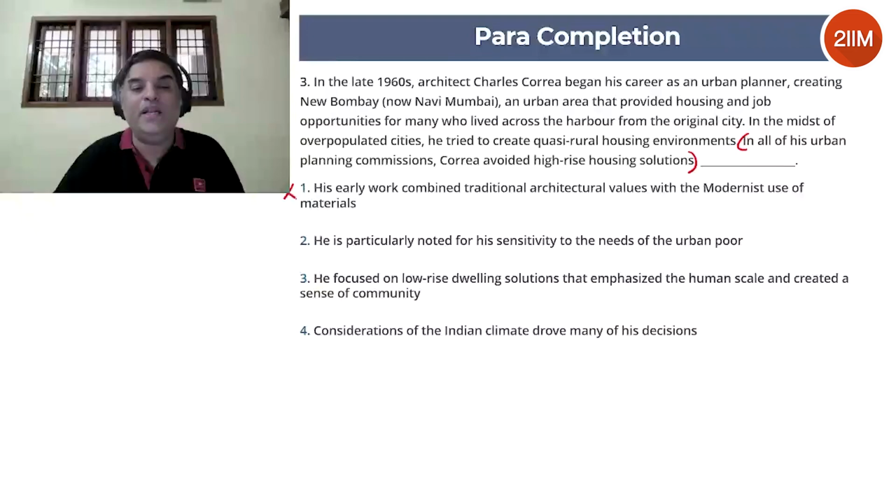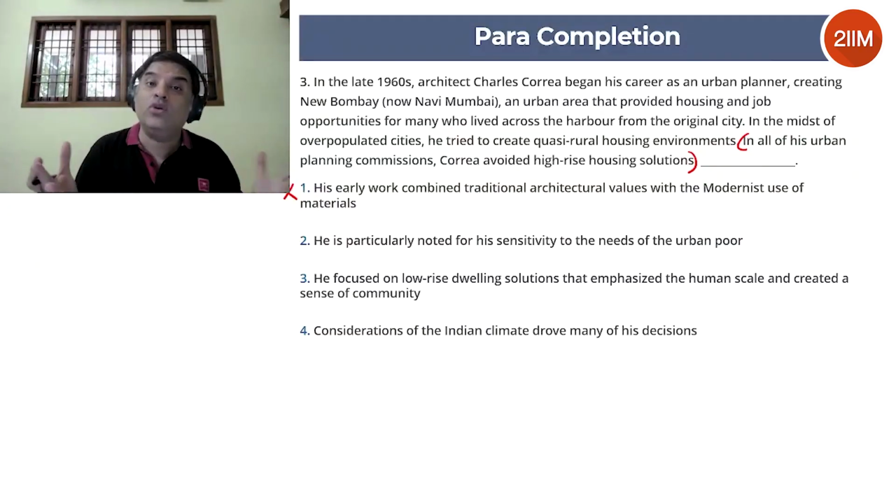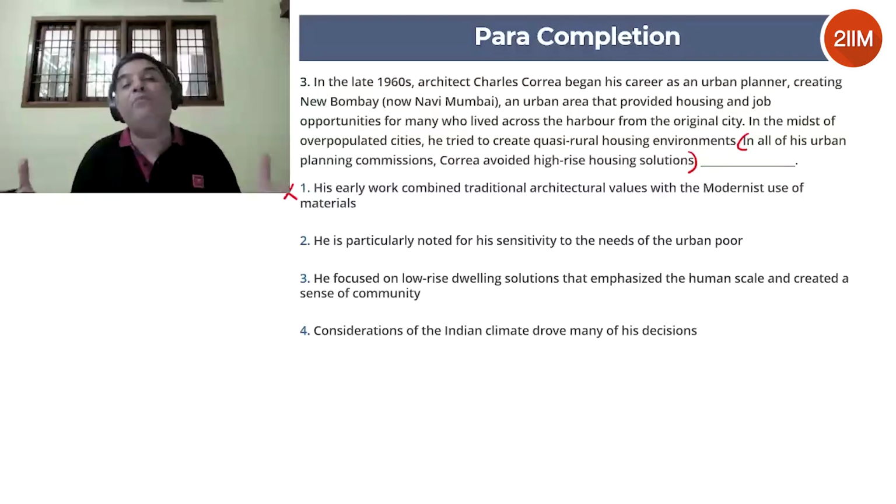We'll eliminate it. He's particularly noted for his sensitivity to the needs of the urban poor. Now we are talking about poor here. Well, we're not really talking about poor specifically. We are talking about quasi-rural, but that doesn't necessarily mean poor.